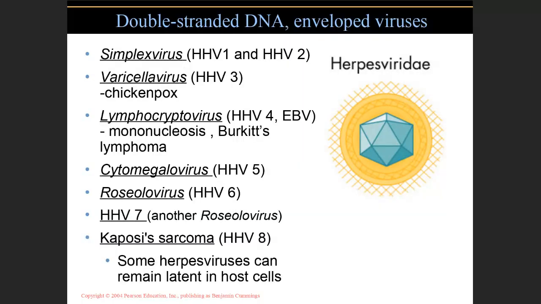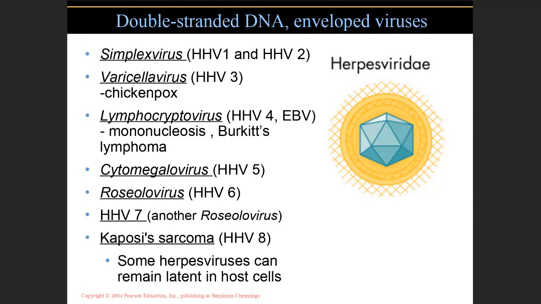So moving on to the herpesviridae family, there are 8 known human herpes viruses, HHV. So don't confuse HPV with HHV or HIV. So the HHVs, there are 8 of them, and we still use the older names like HHV 1 and 2.